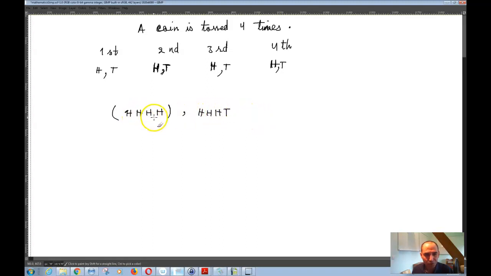So now you have basically these three H's with an H or with a T. So that there you have no problem.